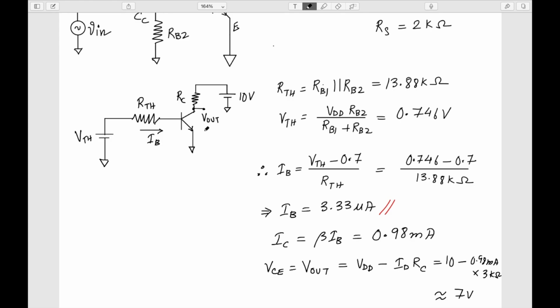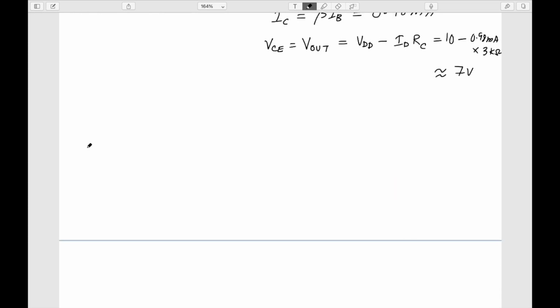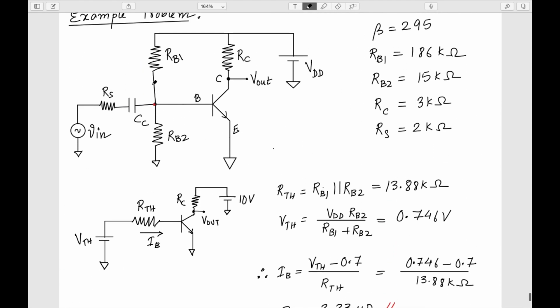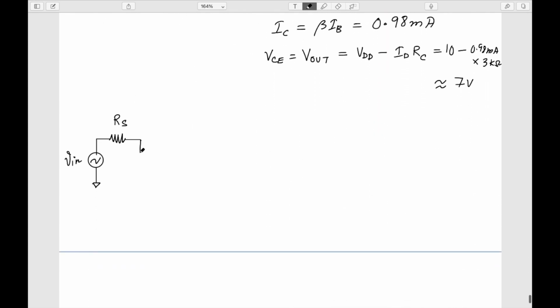Now let's do the small signal analysis and find out the gain. For the small signal model, I have my V in, and of course I have my Rs. We know that RB1 and RB2 will be in parallel, as discussed before. And I have my model of the BJT here.